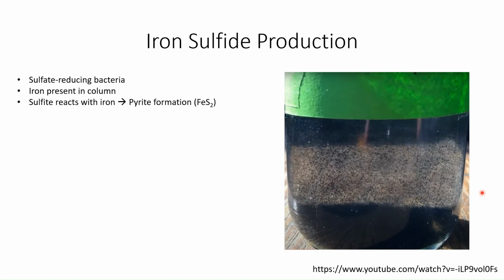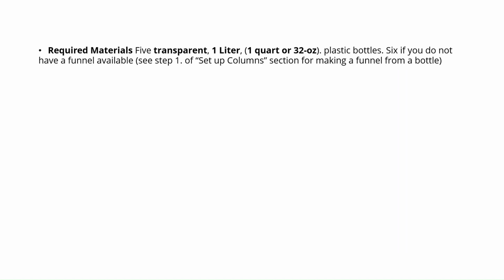Let's go over the materials now. So now let's go over the required materials for this lab. First and foremost, you're going to need a transparent 1 liter bottle. You're going to need 5 of them. I recommend plastic bottles here, and be sure you get a 1 liter bottle.